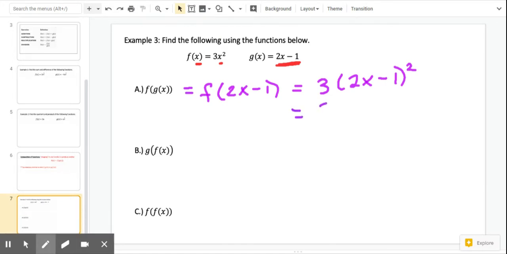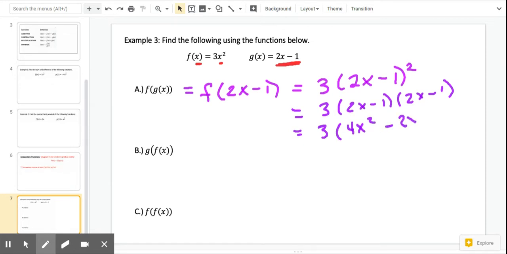So now I'm just going to simplify this. So this is going to be 3 times 2x minus 1, 2x minus 1. Now I'm going to FOIL. So then we have 4x squared minus 2x plus 1. That's just me using FOIL. So first, outer, inner, last.